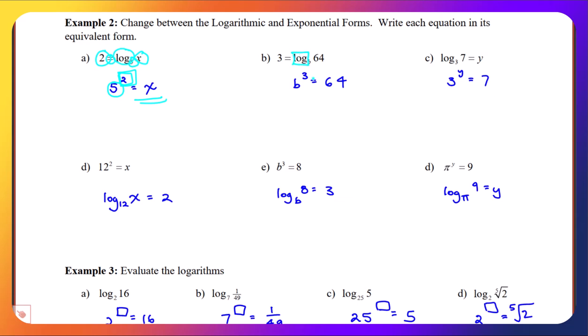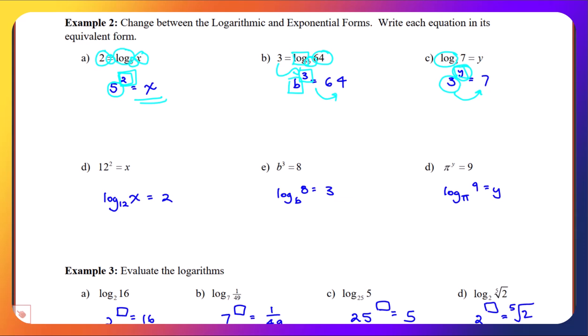The exponent of b that gives us 64, that exponent is 3. The exponent of 3 that gives us 7 is y. So that's how we go from log statements to exponentials.